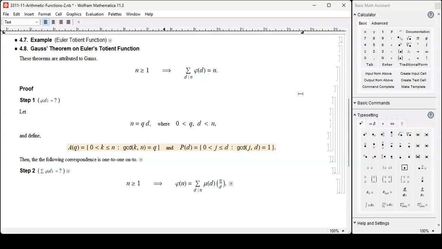Let's just use capital A and capital P. And capital A of Q is the set of all positive integers not exceeding n, where the GCD of k and n is Q. Now, capital P of d is the set of all positive integers not exceeding d that are relatively prime to d.